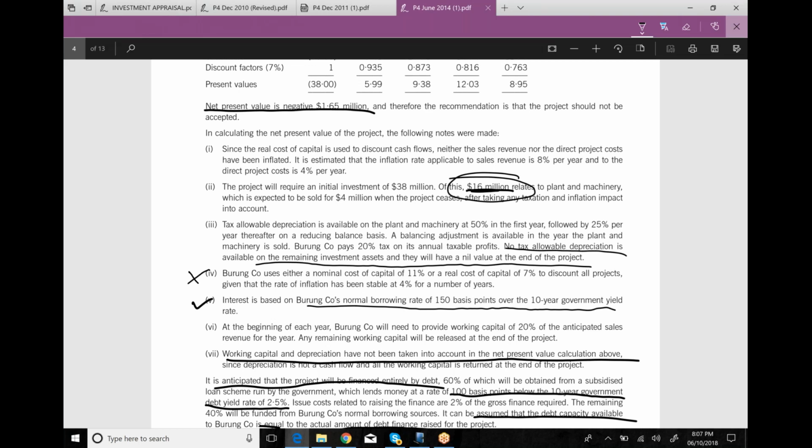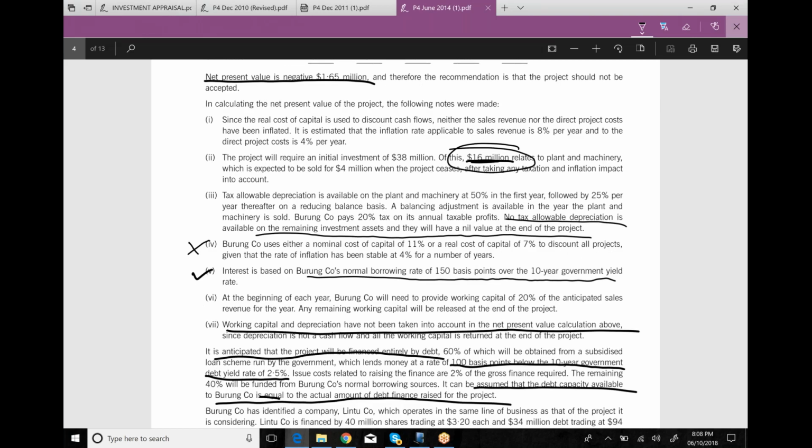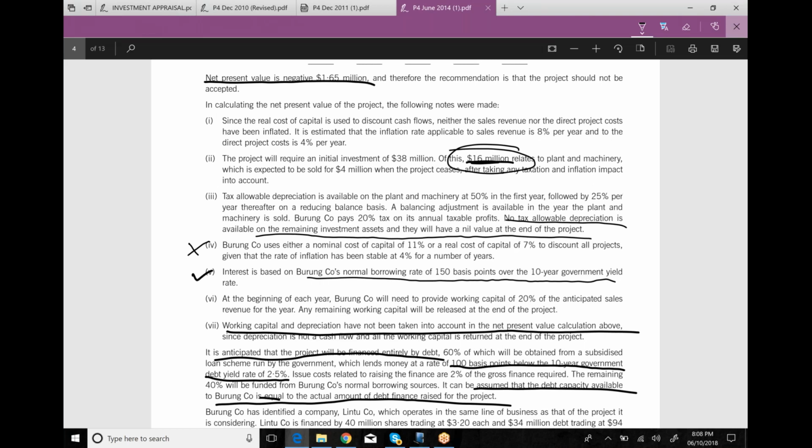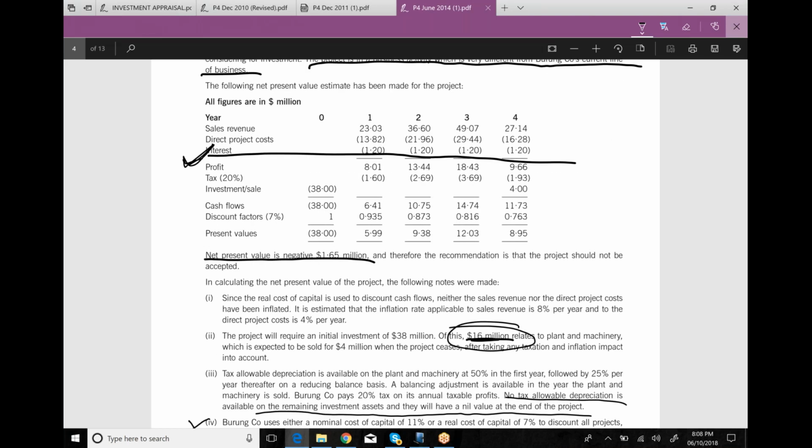He is saying that depreciation is not a cash flow, and that all working capital is returned at the end of the budget. Whatever I invest on day one will be recovered at the end of the project life. That's why they have not taken working capital into account.